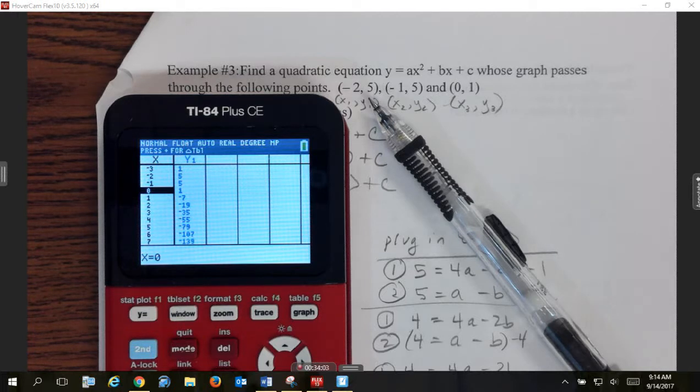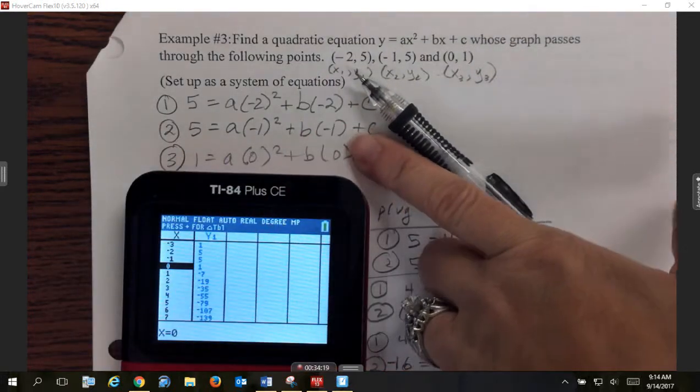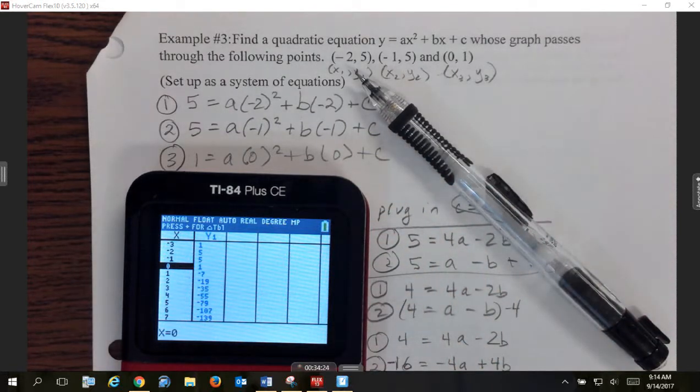Because I'll tell you right now, you could go through all of this and everything checks, and then you go here and it doesn't. What could have happened is when you first set up your three equations, you could have set them up wrong. And then you're checking all your answers off of wrong equations to begin with. You may have done all the work right, but your equations are wrong. So this is a good check just to make sure that your equations were set up right.